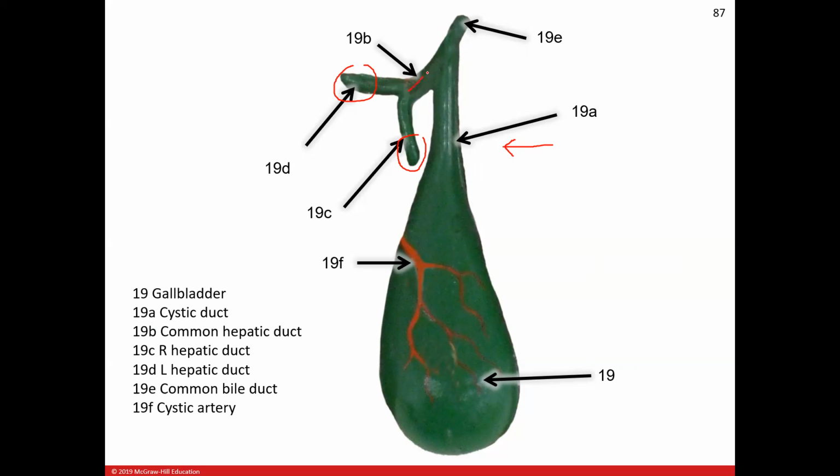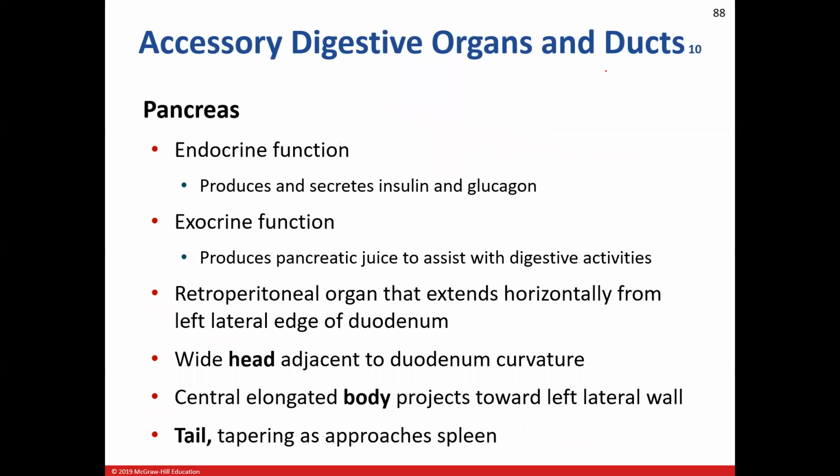The common hepatic duct will then merge with the cystic duct, and then eventually that will form our common bile duct here, which will head into the duodenum and release bile into our small intestine there. Let's finally, since we're still talking about our accessory organs, let's talk about the pancreas.